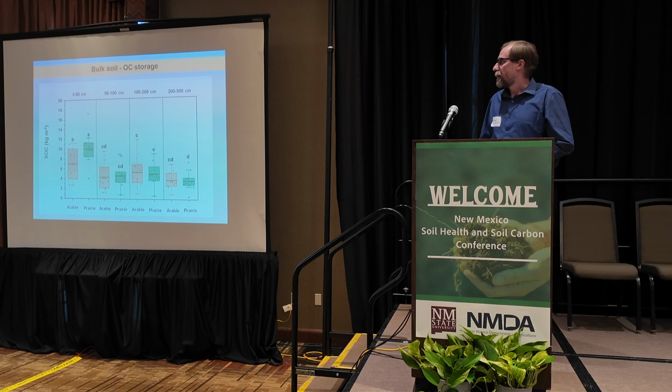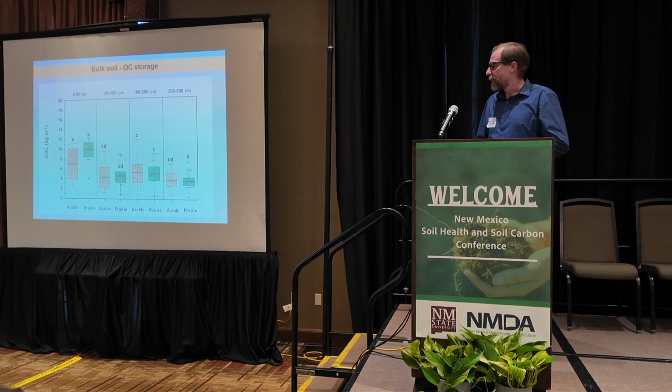That is the bulk soil carbon storage in kilogram per square meter. If you want to convert this in tons per hectare, you take it times 10. That is fixed depth increment, right? So we went from 0 to 50, 50 to 100, 100 to 200, 200 to 300 centimeters.